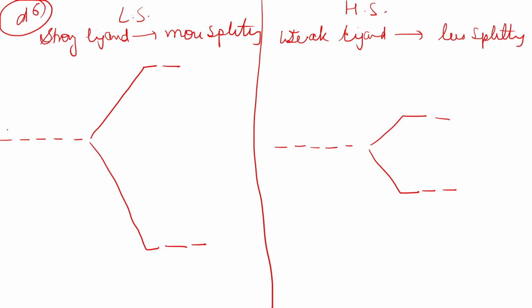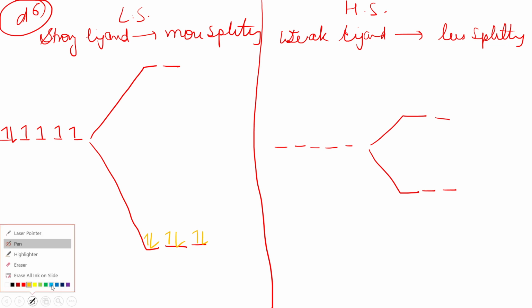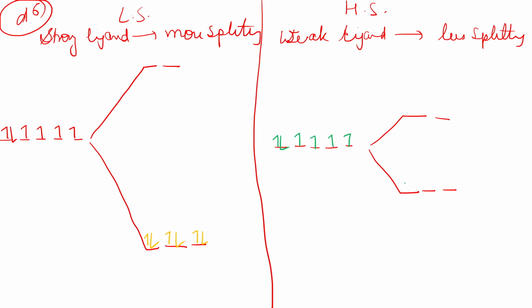You have 6 electrons to be filled, 1, 2, 3, 4, 5, and 6. Since the gap is more, how will the filling occur? All the 6 electrons, instead of going up, will be filled in the downward orbitals only. While in the case of weak field ligand, since the gap is less, all the orbitals will be filled singly first.